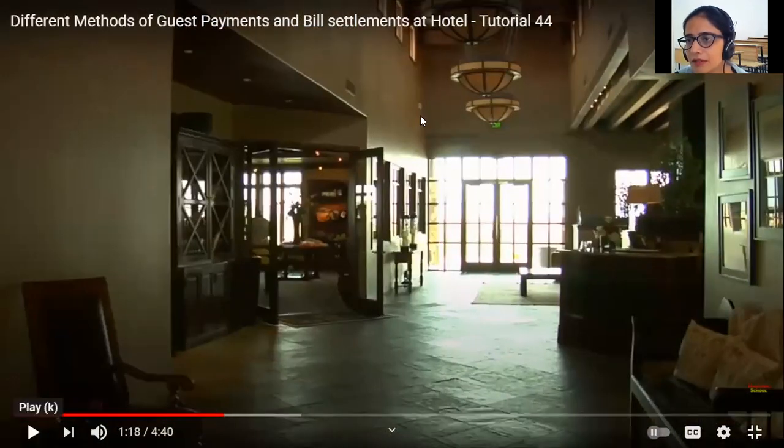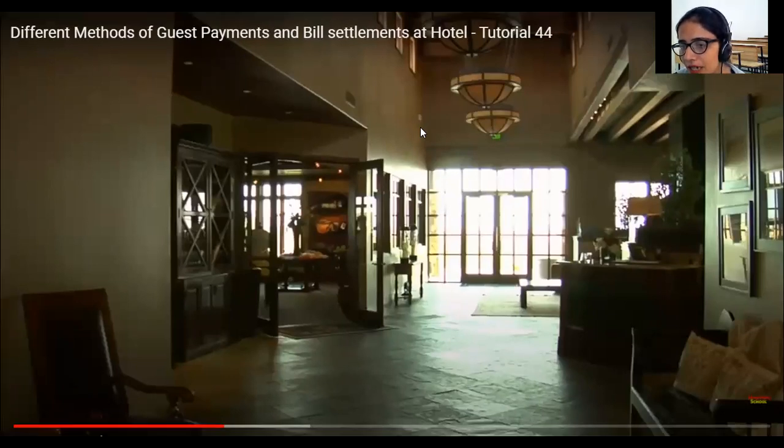As we all know, when the guest is staying with us, some of the guests pay by cash, right? So the cashier has to take care of the incoming and outgoing cash. The cashier should know each and everything at the time of check-in or check-out. Whatever balance is pending, we have to take from the guest, right?